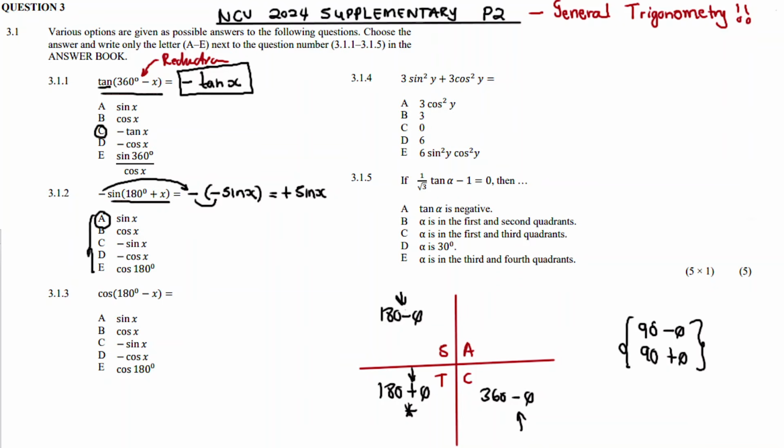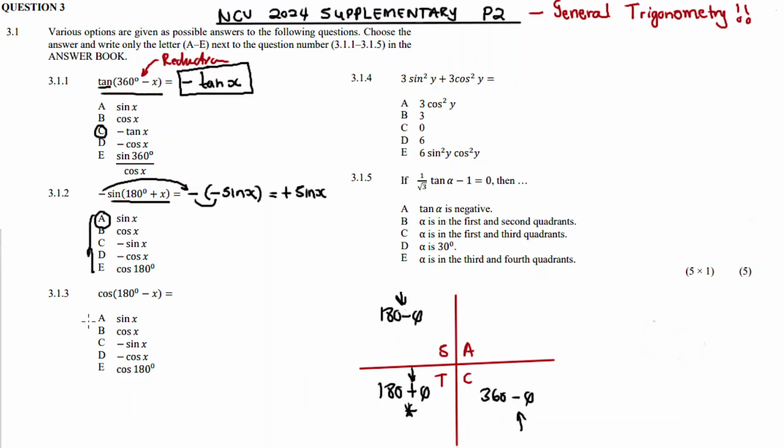These are co-ratios. This is a totally different story compared to reduction formulas. Unfortunately, in this question we don't have any co-ratios, so don't confuse the two formulas. The co-ratios we solve differently compared to the reduction formulas.